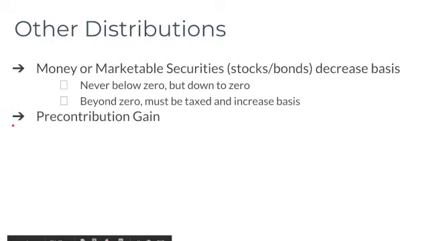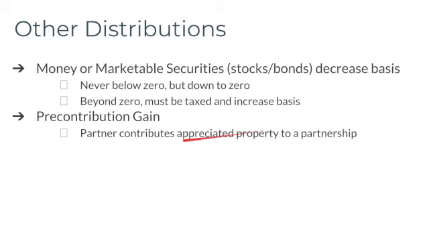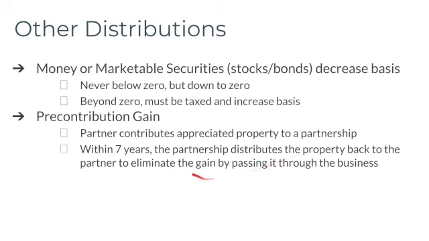A pre-contribution gain happens when a partner contributes property that has increased in value, which means they have a deferred gain, and they contribute that asset to the partnership. But within a 7-year period, so 7 years or less, the partnership decides to distribute the property back to the partner.